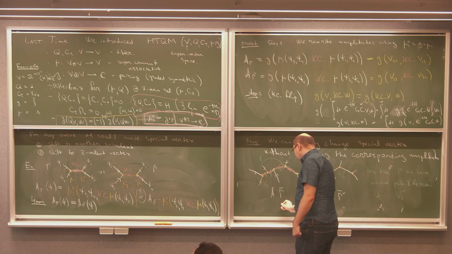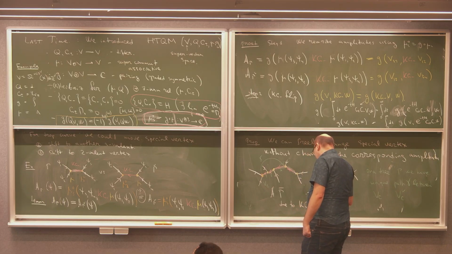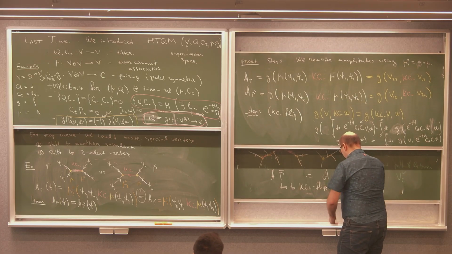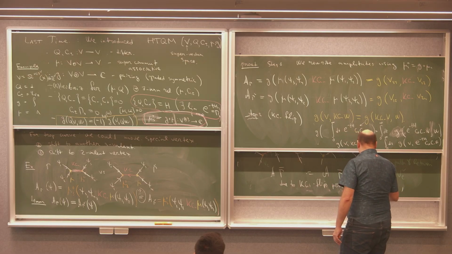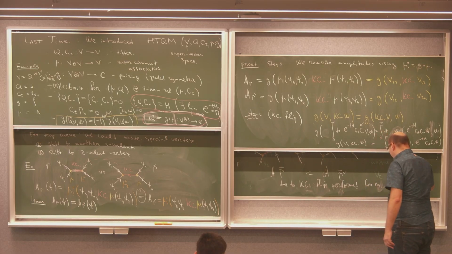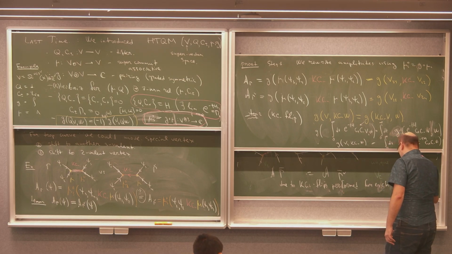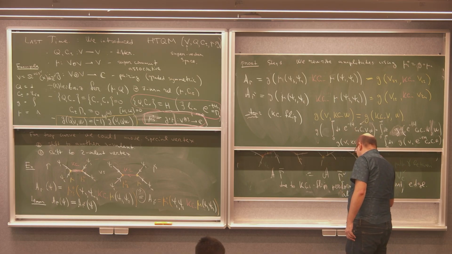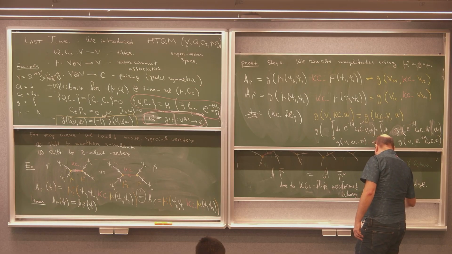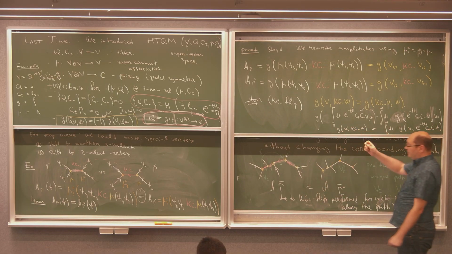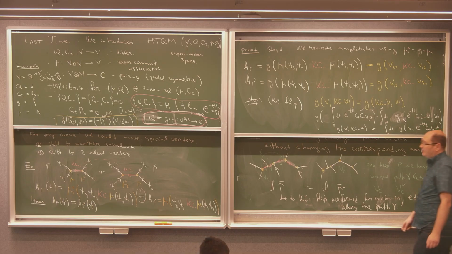So these two are equal to the kg minus flip performed for each internal edge along the path gamma. Path gamma is some collection of internal edges, and then we just perform this flip exactly 3 times.